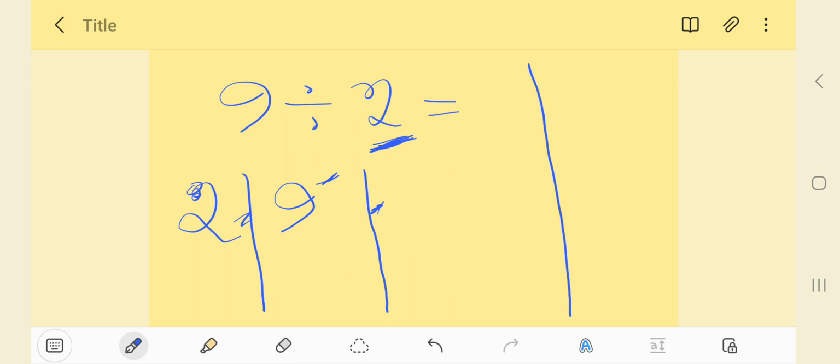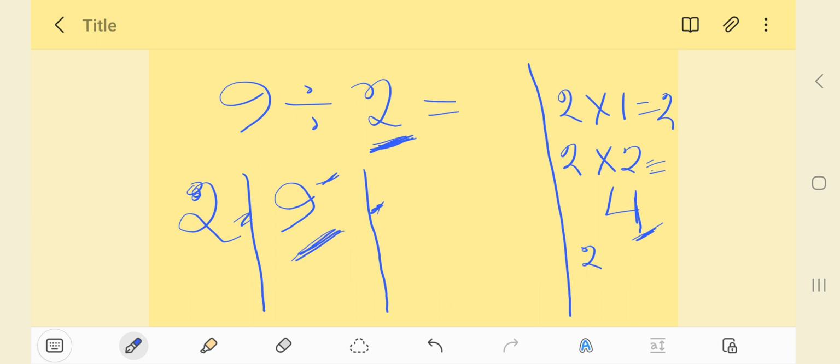Here we need to know a little bit of times table, as we know that 2 times 1 equals 2, 2 times 2 equals 4. Why are we moving onward? Because 4 is still quite smaller than 9.